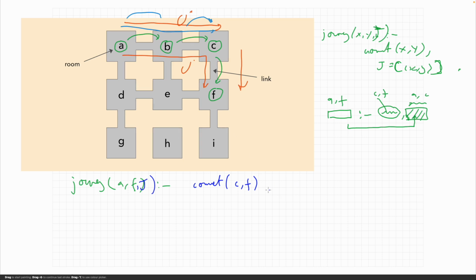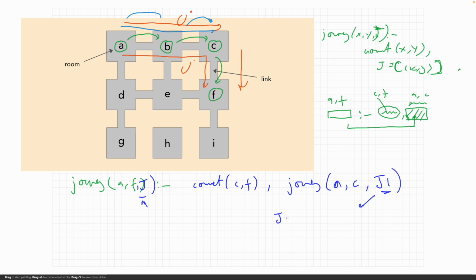C to F is connected and there's a journey from A to C, and there's another journey, the list of steps, but actually there's a relationship between this and this, which is that this one is this one with the last step removed.